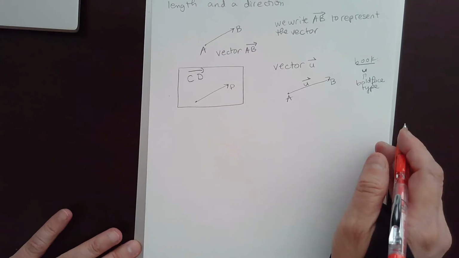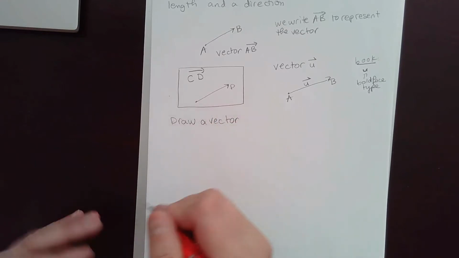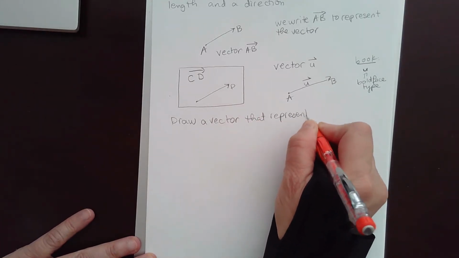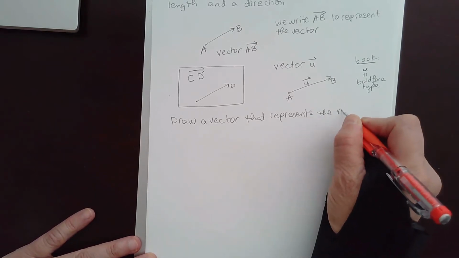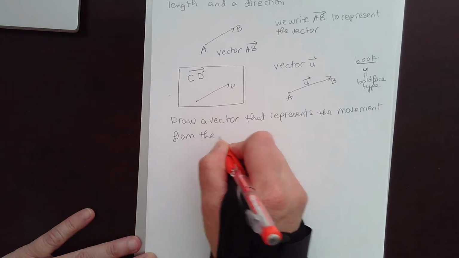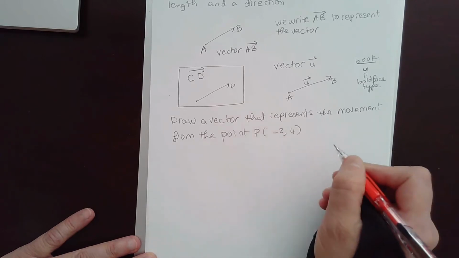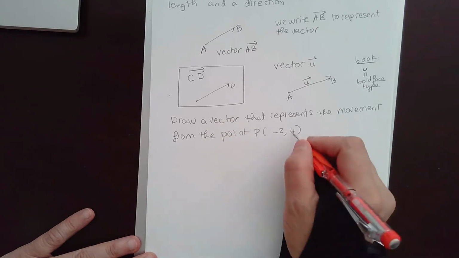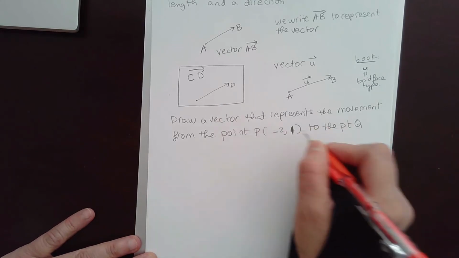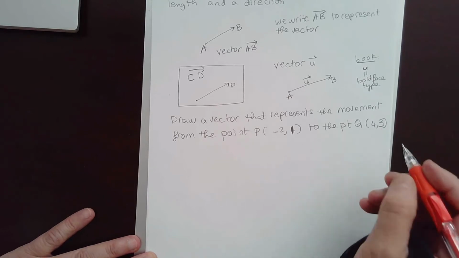All right, so let's go ahead and draw a vector that represents the movement from the point P, which we'll make -2, 1, to the point Q, 4, 3.